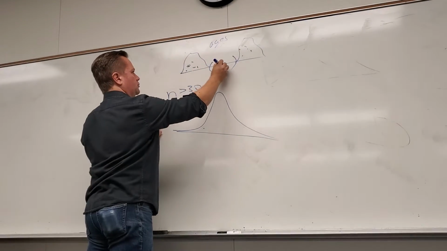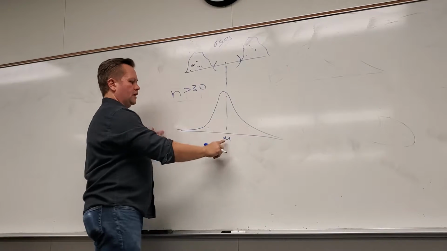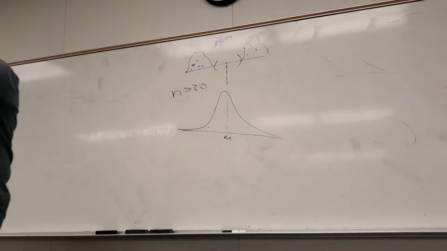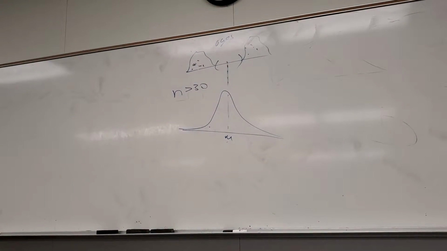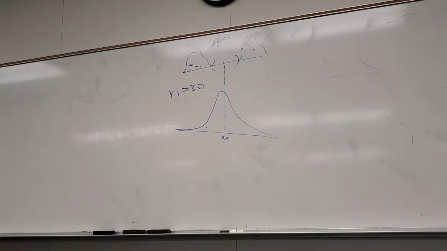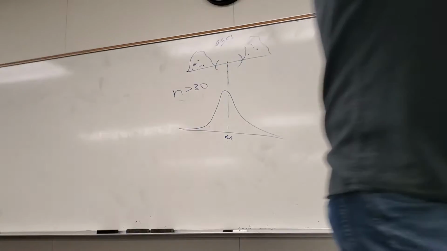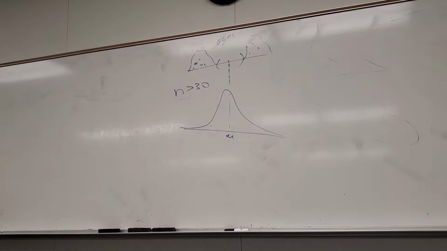With the same mean. I'm trying to get it in the same place, but I didn't quite. Oh well, too bad for me. Same mean, which only makes sense. There's an average age in here right now, correct? How would I figure it out? I would take each person's age and then average them. What if I take 2 people at a time? Get their average, get their average, get their average, and then average all of those. Will the result be different? Really think about it. If I take 2 people at a time, have I changed who you are?